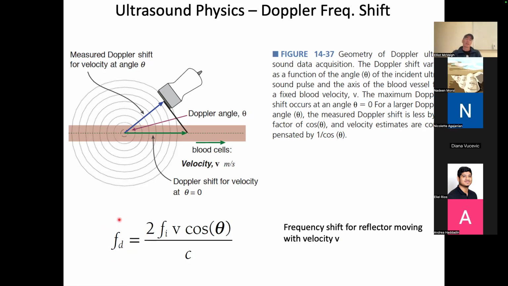receiving mode is related to the frequency that you transmitted by this formula, and it's linearly proportional to the velocity of the reflector.